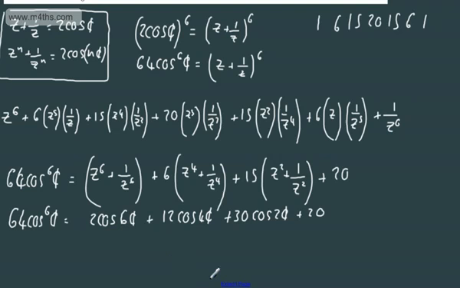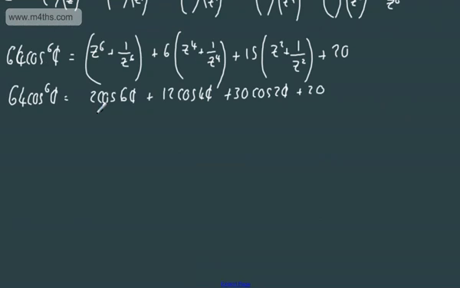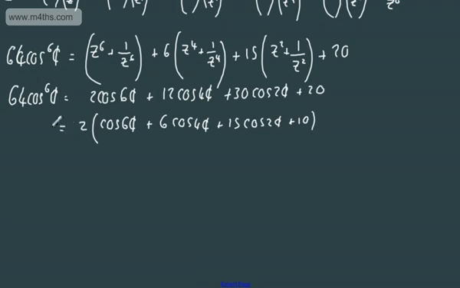So now let's tidy this up. We have 2 cos 6 theta plus 12 cos 4 theta plus 30 cos 2 theta plus 20. The highest common factor, we can't take 4 out, so we'll take 2 out. So we've got 2 times the quantity cos 6 theta plus 6 cos 4 theta plus 15 cos 2 theta plus 10, and we know that is equal to 64 cos to the 6 theta.